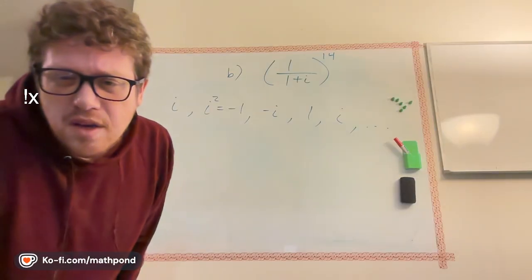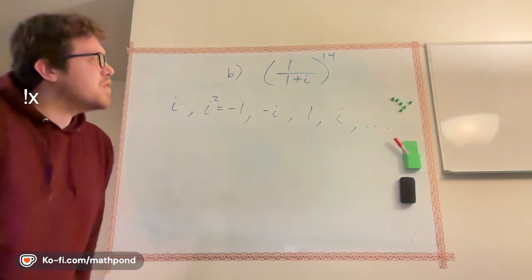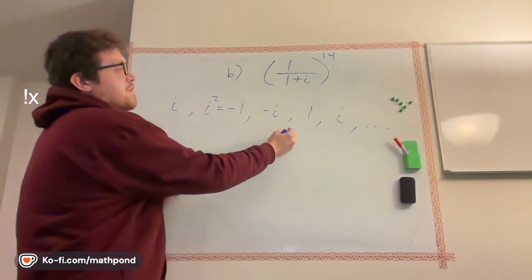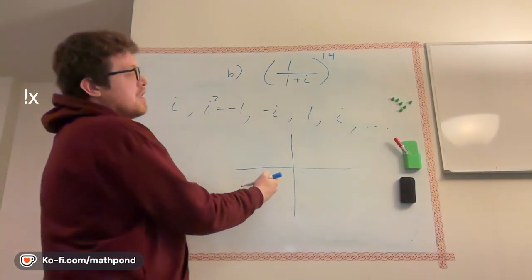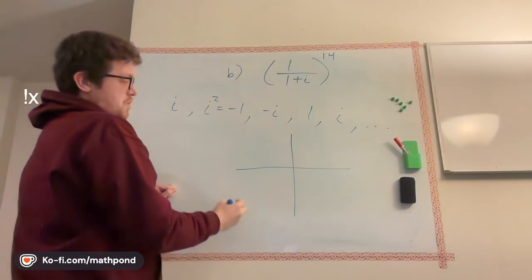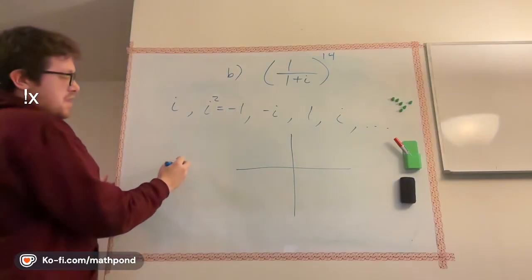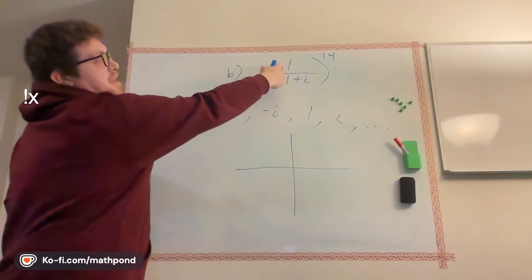I need to put it in a geometric form, but I kind of forgot how. So in the geometric form, I think what you're alluding to here is you want to think of this number geometrically. That's what you're saying? So we want some number that multiplies with 1 plus i and gives us 1.